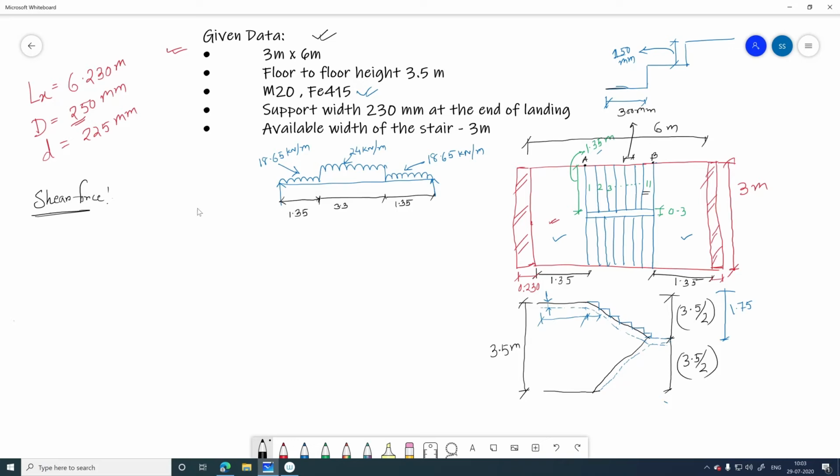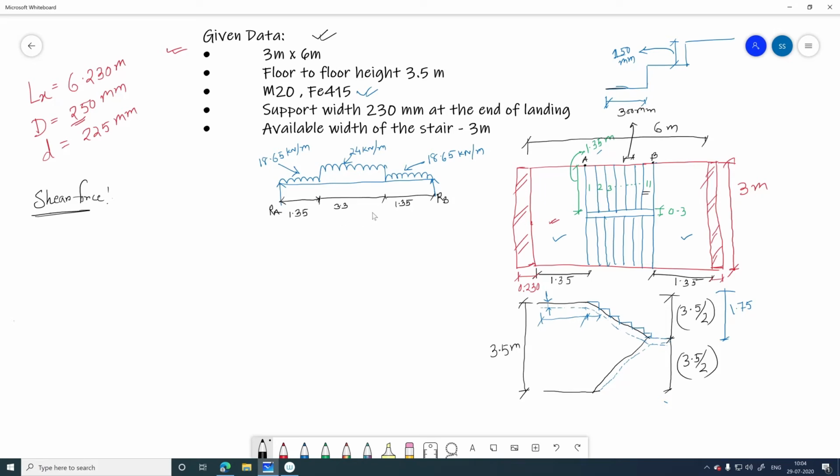The maximum shear force, if you consider it at the landing slab. We have our supports at these two end points, right? So if you consider the reaction force here RA, and here RB, what will be the value of RA and RB?